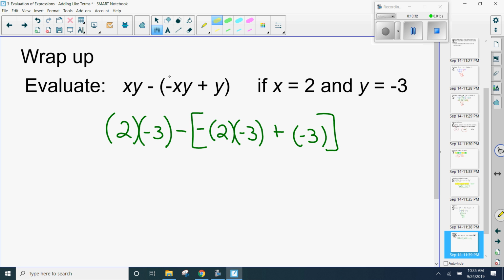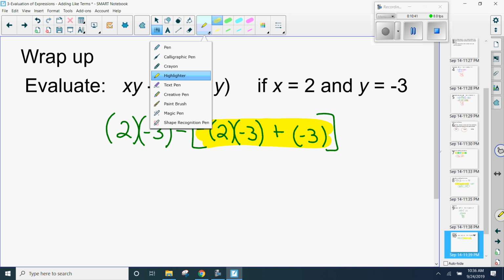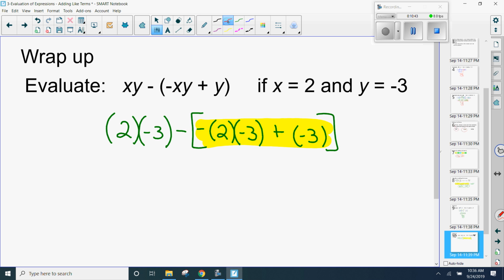Parentheses first. So I'm going to work inside the parentheses. I have to change everything inside that bracket before you do something that some of you think you can do, where you think you just want to do that right there. You can't do that. You have to simplify everything I have highlighted first.